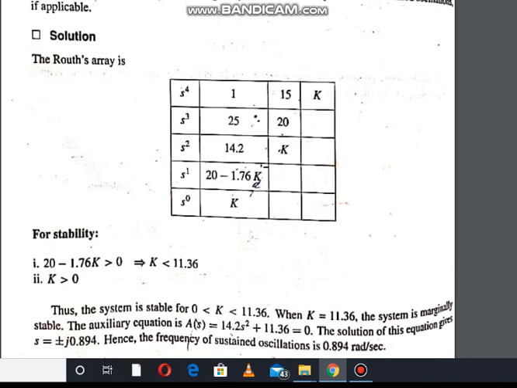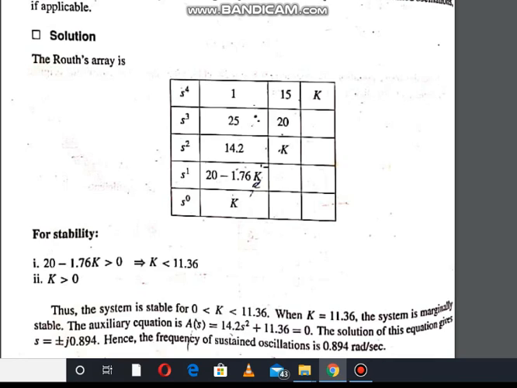If it is 11.36, then it may be 0. If it is greater than 11.36, then we'll get a negative value. For the s to the power 1 row, the first column value will be negative, so it is unstable, as there is a sign change.